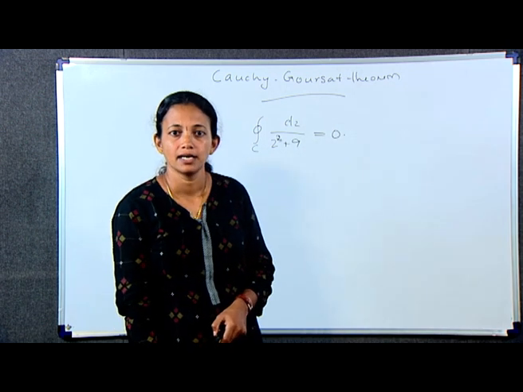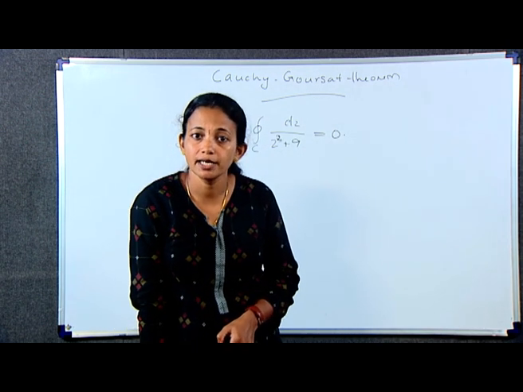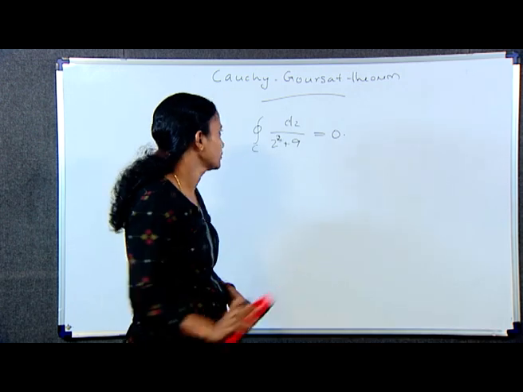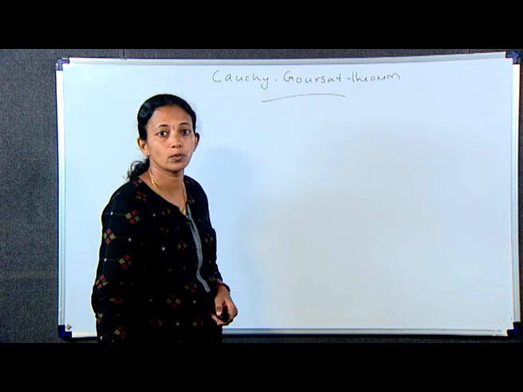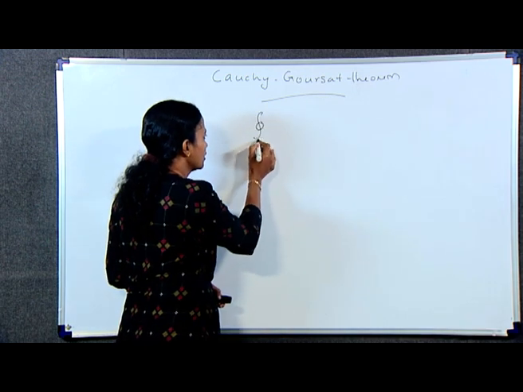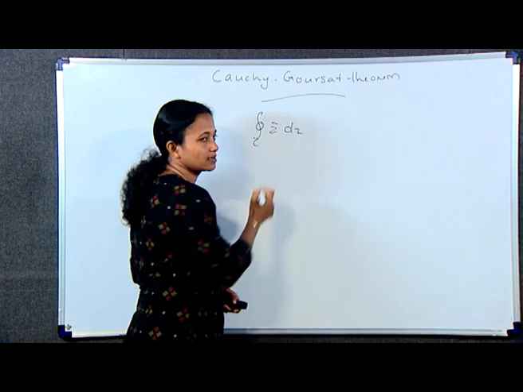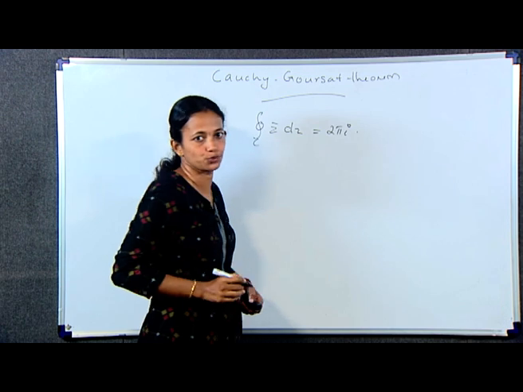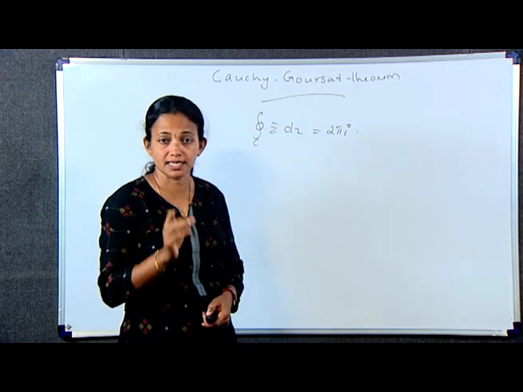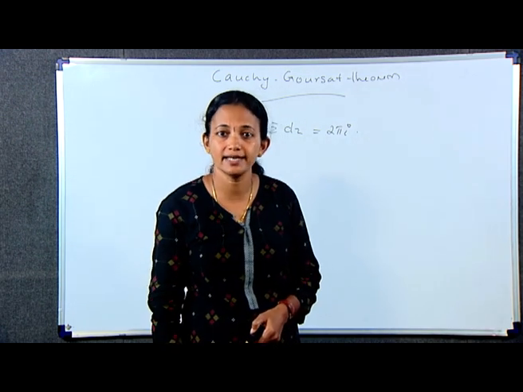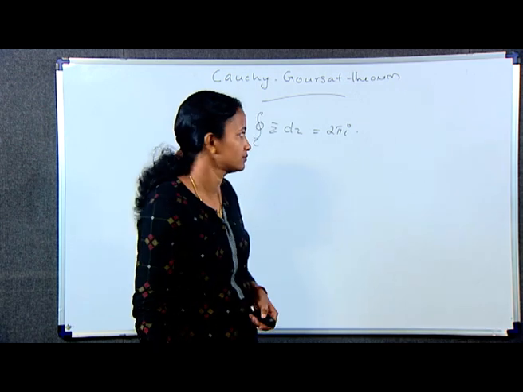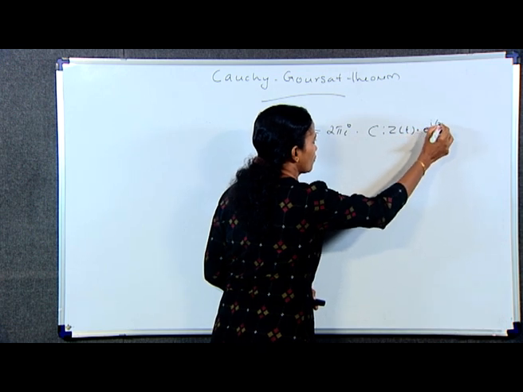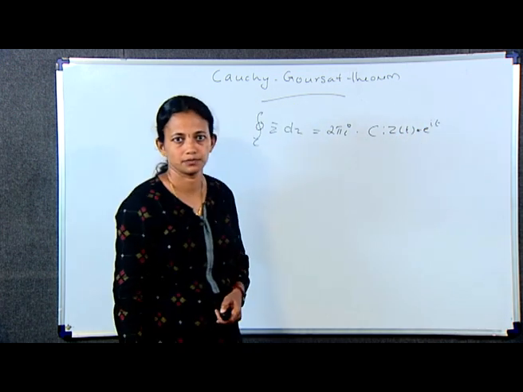Next example is, a non-analytic function need not satisfy Cauchy's theorem. That is, we have to show that integral over C of z bar dz is equal to 2 pi i, where C is such that z(t) is equal to e raised to i t, the unit circle.